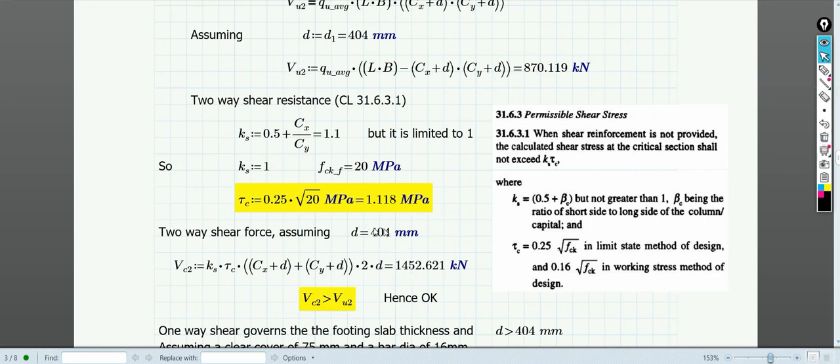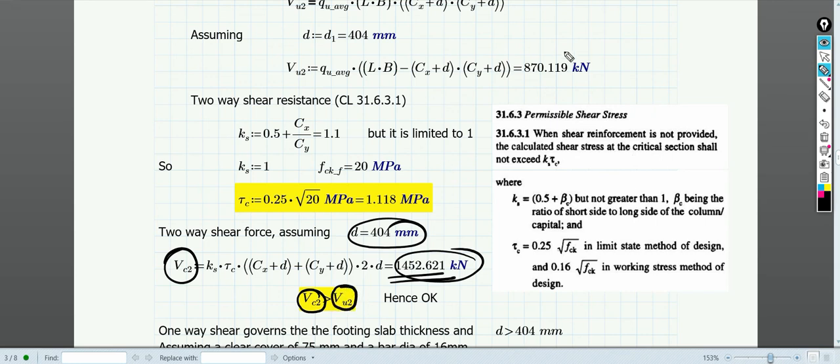Assuming d from the previous one-way shear, which is 404, it is coming to be 1452.621 kilonewton. This is the shear strength. Now you can compare that this shear strength is more than the shear force that is coming, which is 870, and the punching shear strength is 1452.